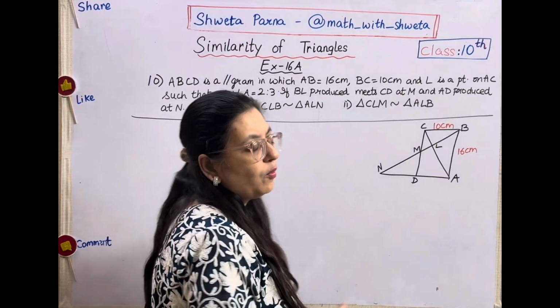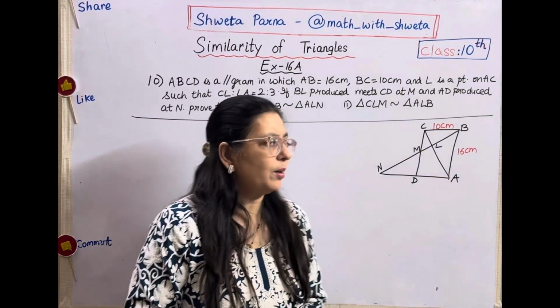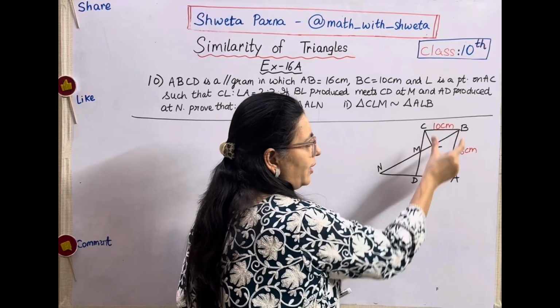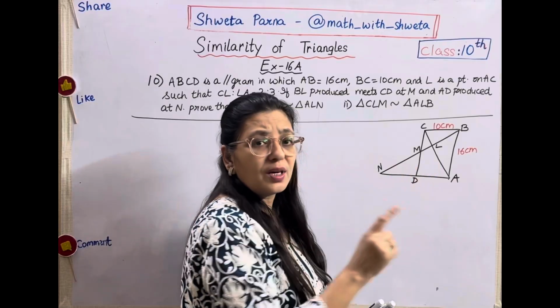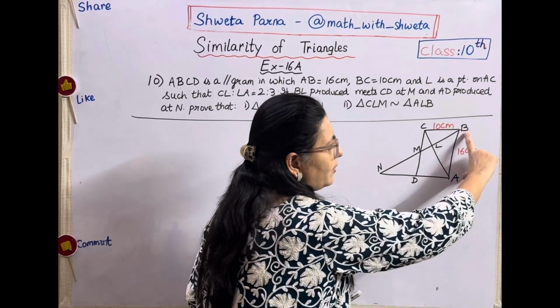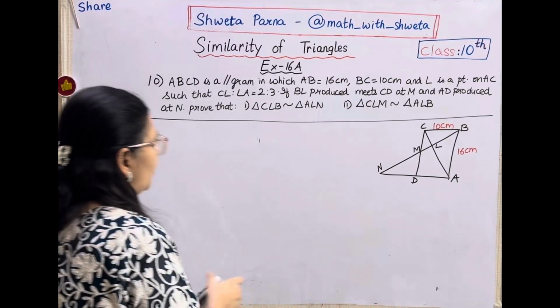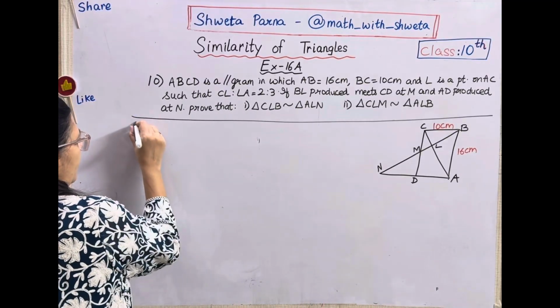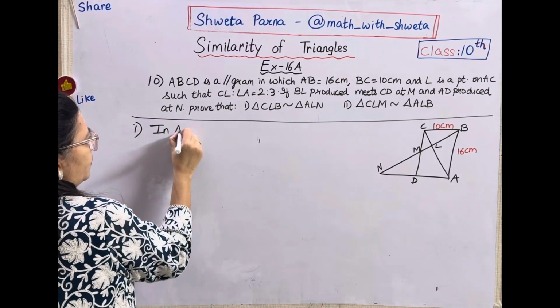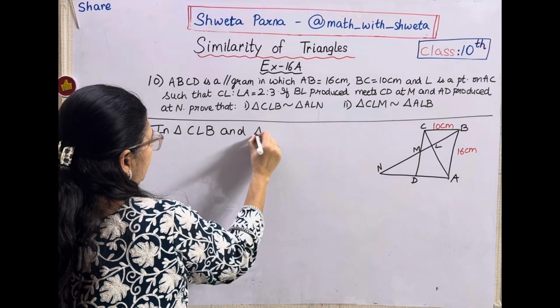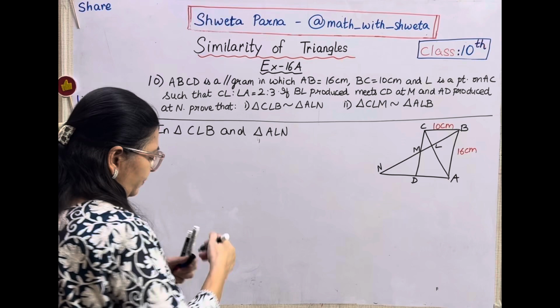Now first thing, what are the properties of a parallelogram? Opposite sides are equal and parallel. So this side is equal to this side and these two sides are parallel. Same way, this side is equal to CD and they are parallel. So first sub question, in triangle CLB and triangle ALN.